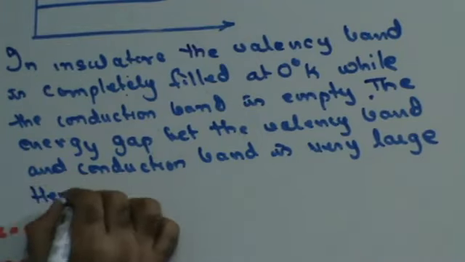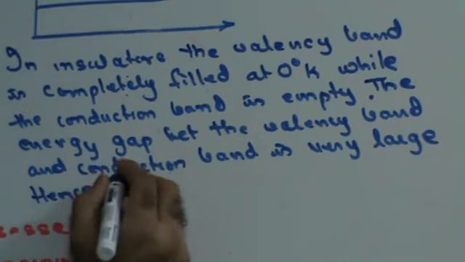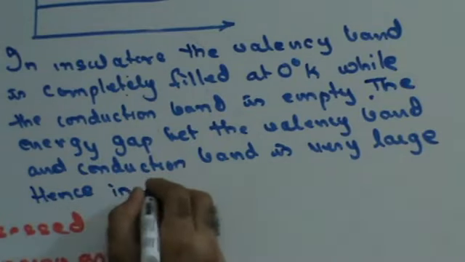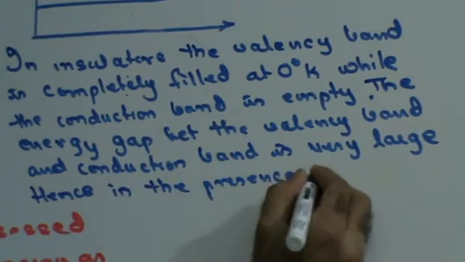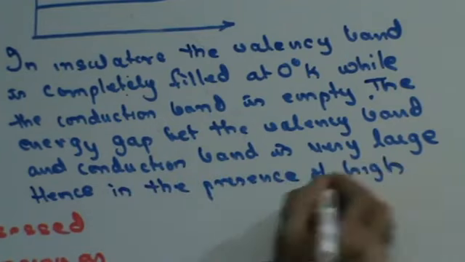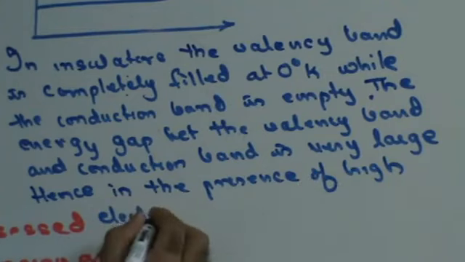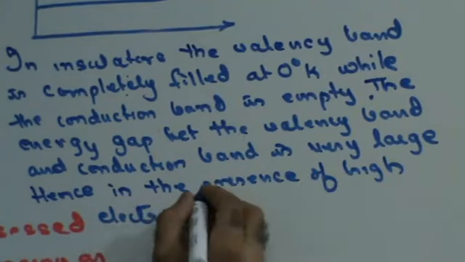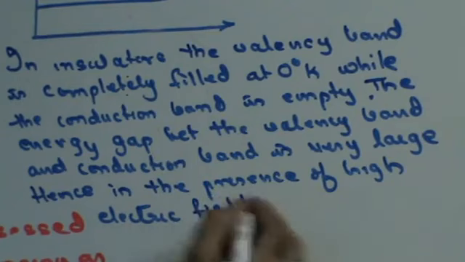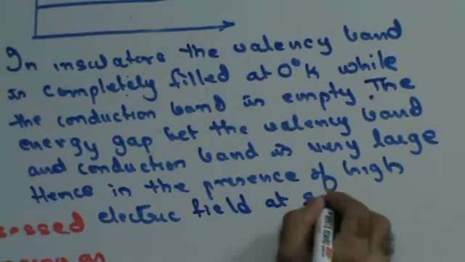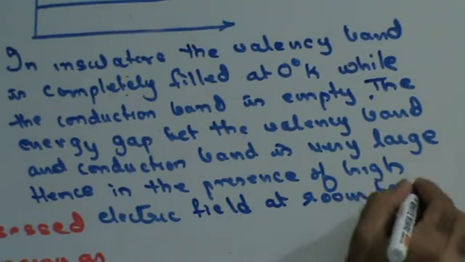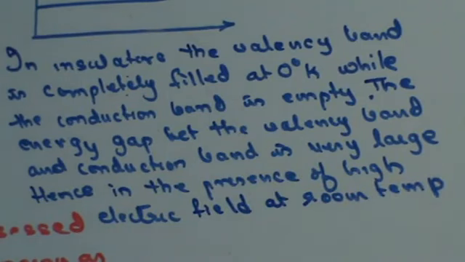Hence, in the presence of high electric field at ordinary room temperature, electrons do not move from the valency band to the conduction band.